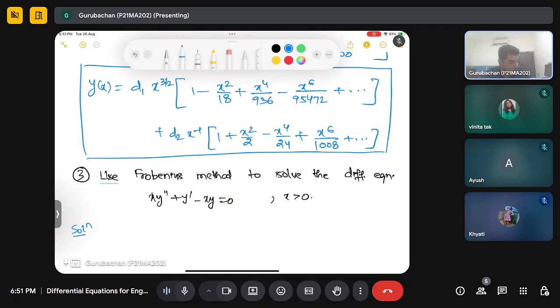So it is clear that x equal to 0 is a regular singular point.